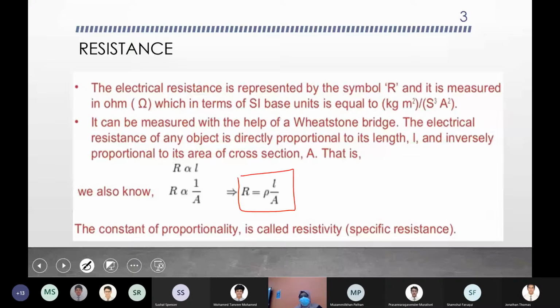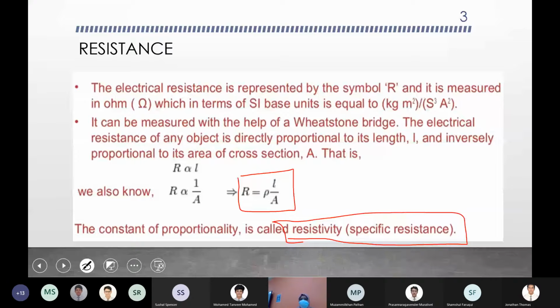Finally you get the equation: resistance R is equal to rho L by A. That rho term is known as resistivity or specific resistance. The proportionality constant in the equation of resistance is called resistivity or specific resistance. Just write the formula and the unit if you want for everything we discussed, that will be more than enough.